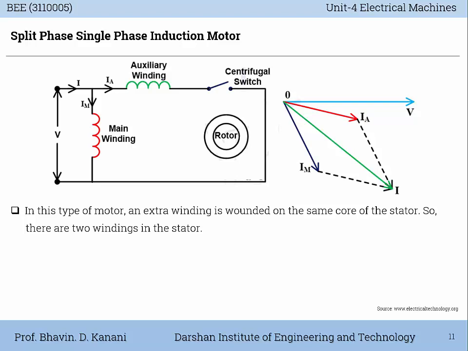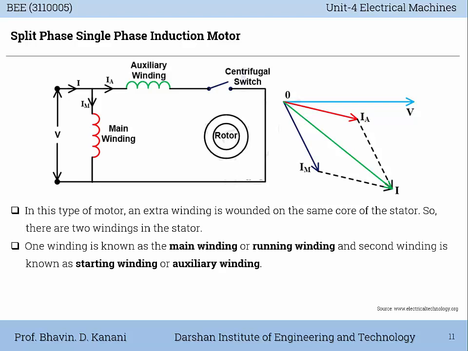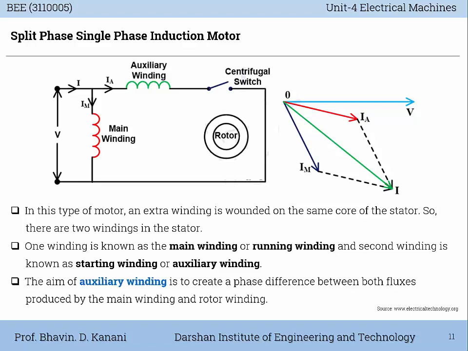So, there are two windings in the stator. One winding is known as the main winding or running winding, and the second winding is known as the starting winding or auxiliary winding. The aim of the auxiliary winding is to create a phase difference between the fluxes produced by the main winding and the auxiliary winding.